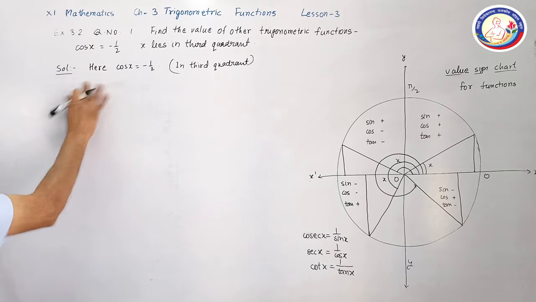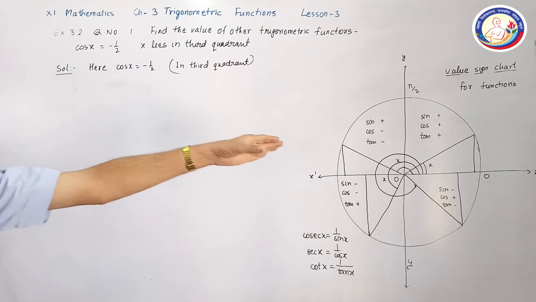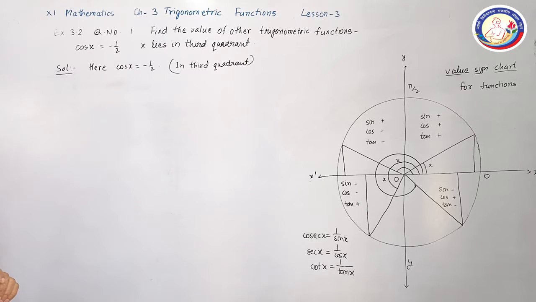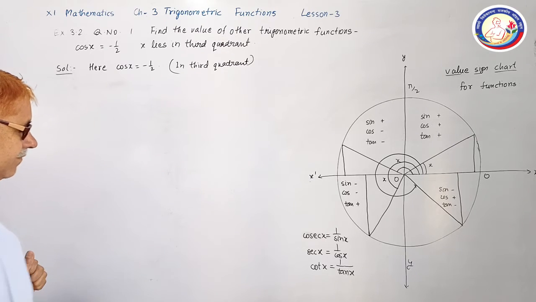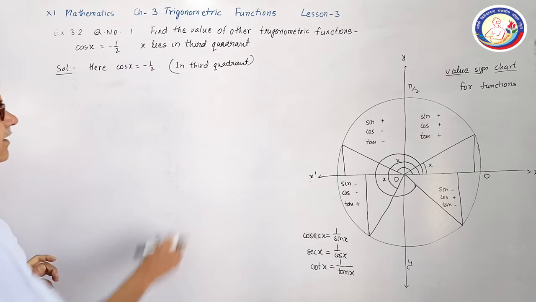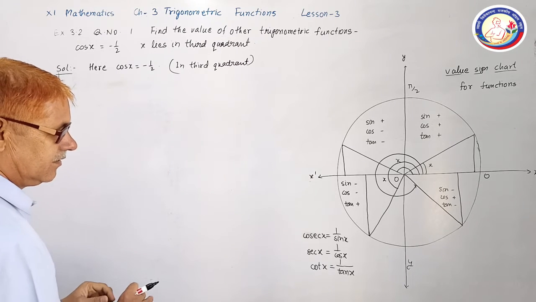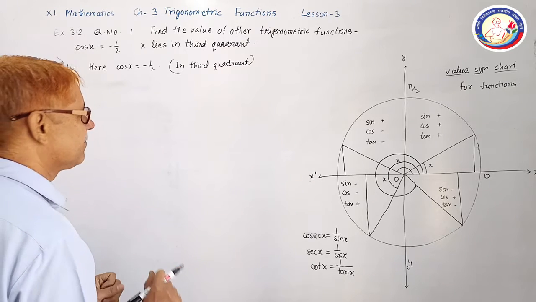In previous classes, you determined the value in two ways. First, using the trigonometrical functions relations or identities, and second, by drawing a right angle triangle and taking the ratios of the sides required for the given function.